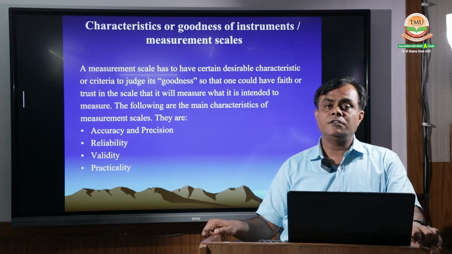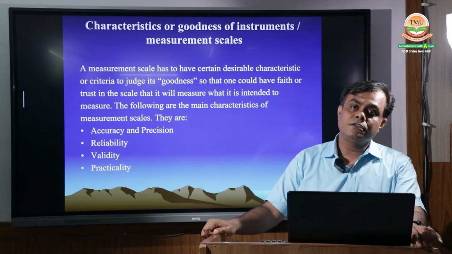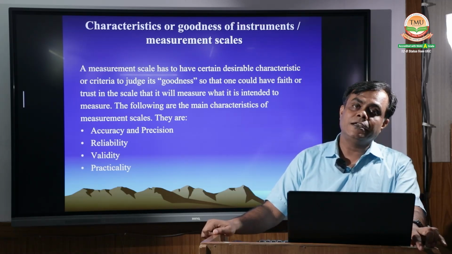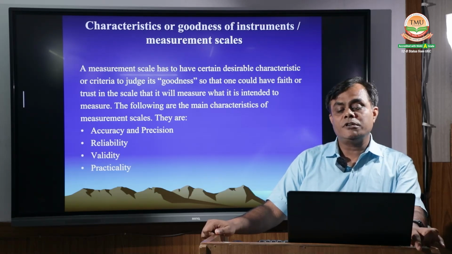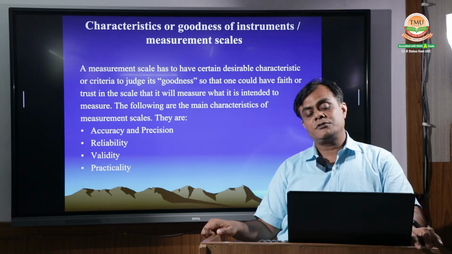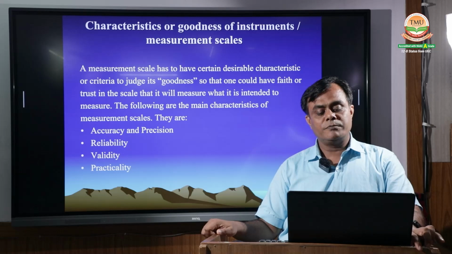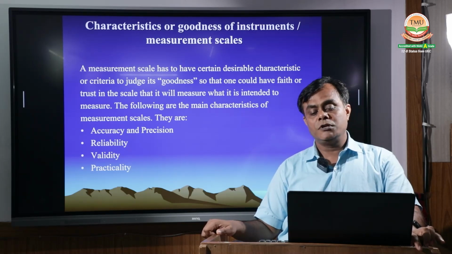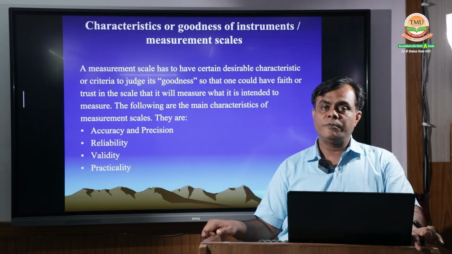So identifying the tools for measurement is first important. Second is to identify the scale of measurement. So accuracy and precision is the first important factor for the goodness of the instrument or a better measurement scale.